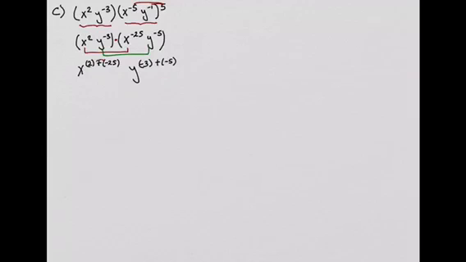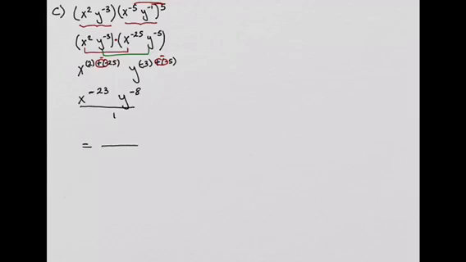Simplifying, the plus and the minus becomes a minus. The plus and the minus here becomes a minus. So here we have x to the negative 23 power, y to the negative 8 power. Applying the rules, this is a fraction, the same over 1.